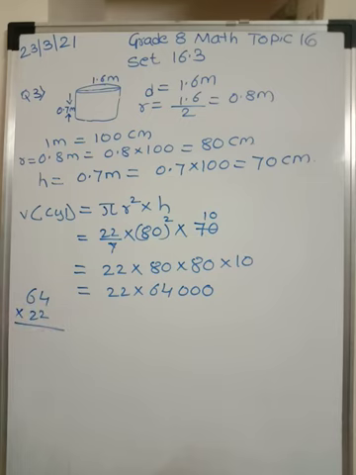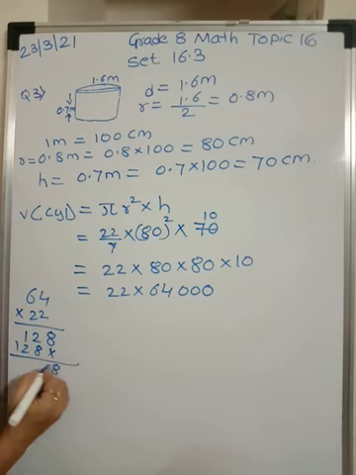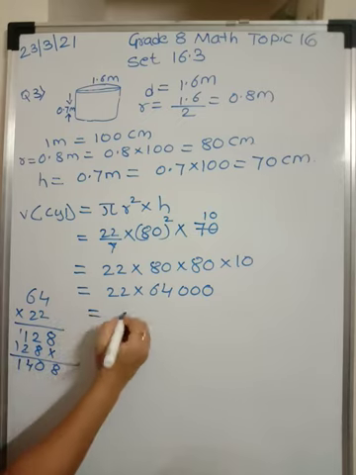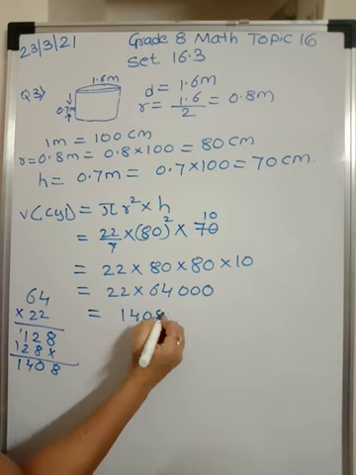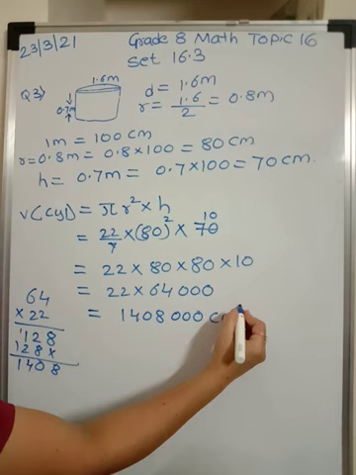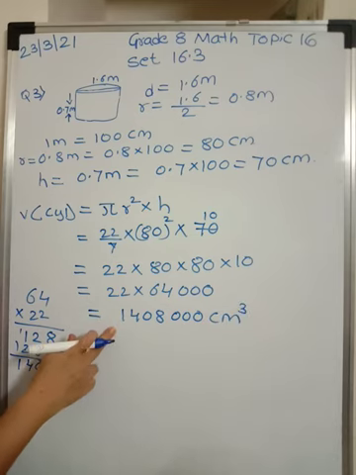If you do 64 into 22, it comes out to be 4 2s are 8, 6 2s are 12. Same numbers would be repeating. You get 1408. So this is equal to 1408 and 3 zeros, centimeter cube. So this is your answer.